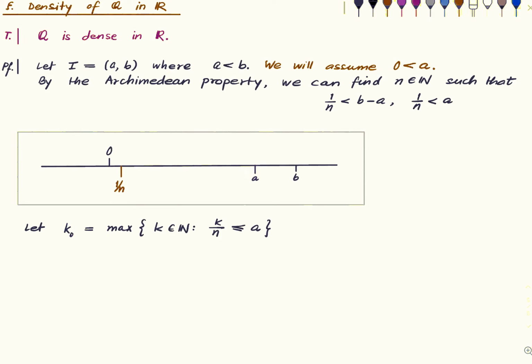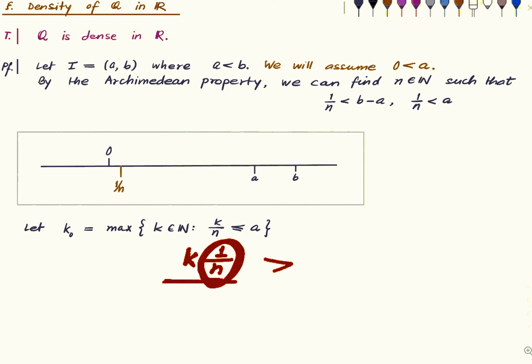So before we even say, take the maximum, note that this set is bounded. Why is it bounded? Because of the Archimedean property. We have a fixed natural number n, so 1 by n is some positive real number, and therefore if you scale it by natural numbers, at some point you will cross any arbitrary given real, namely a. So for each large enough k this happens, and therefore this is a finite set.